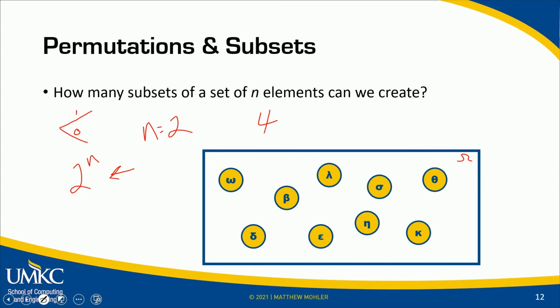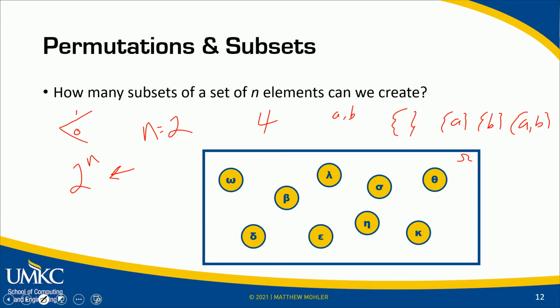So let's call our elements A and B. Well, how many subsets can you create? You can create a subset that is the empty set. You can create the subset that is A. You can create the subset that is B. And you can create the subset that is A and B. And in the case of subsets, order doesn't matter.